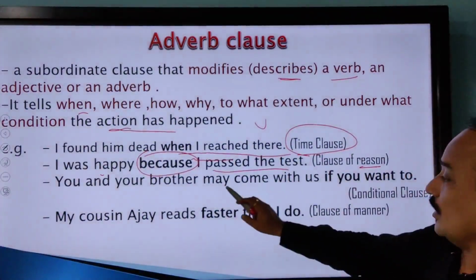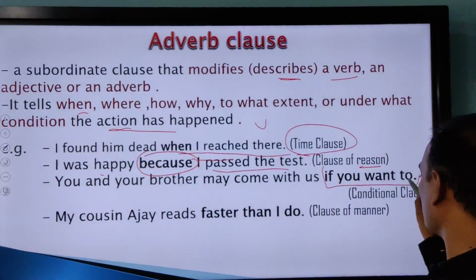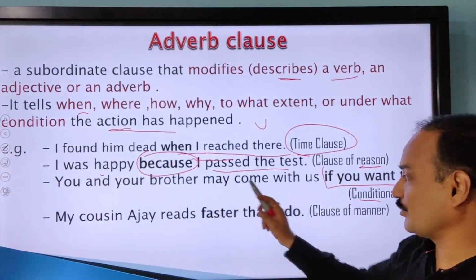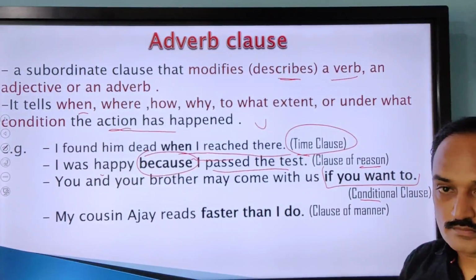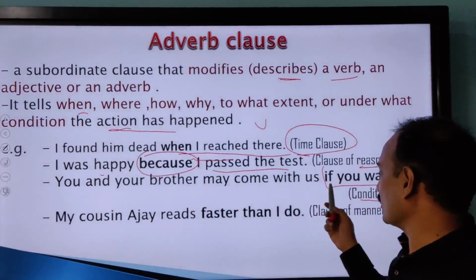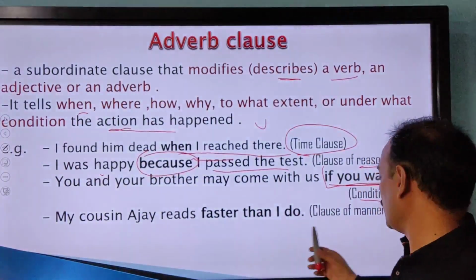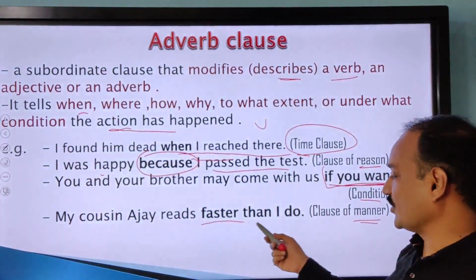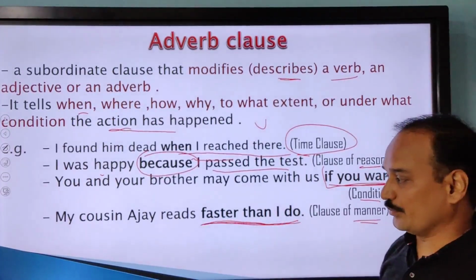This sentence is talking about condition. It is used as a conditional clause of adverb. Last one, clause of manner, shown through this clause, faster than I do.